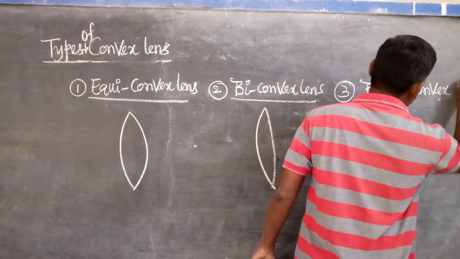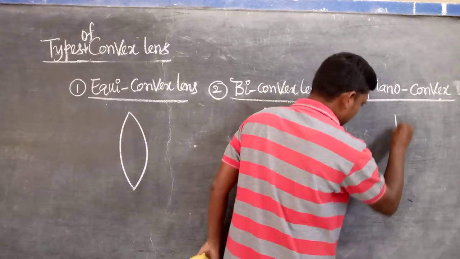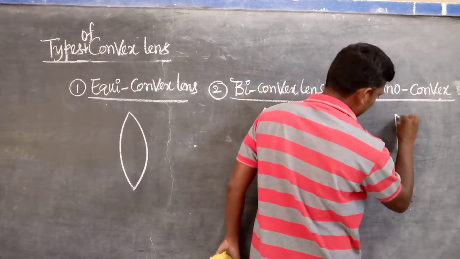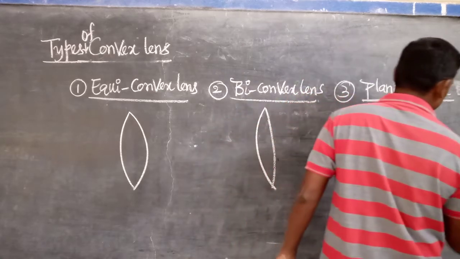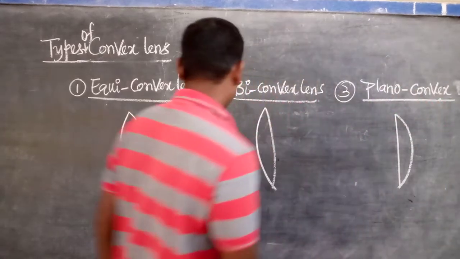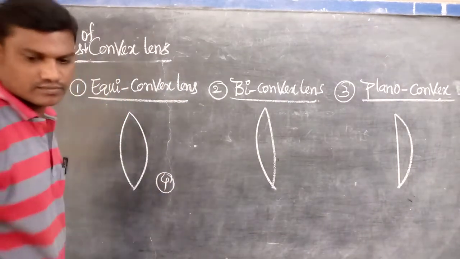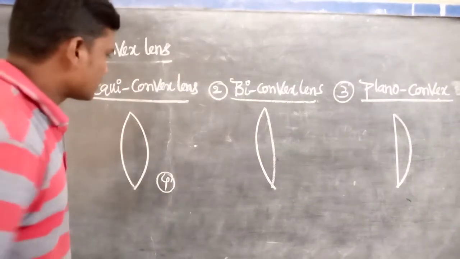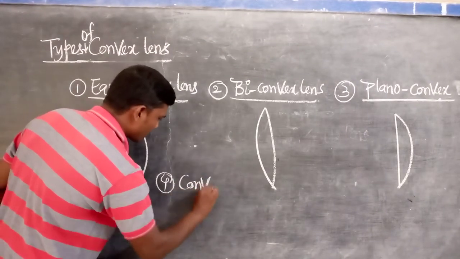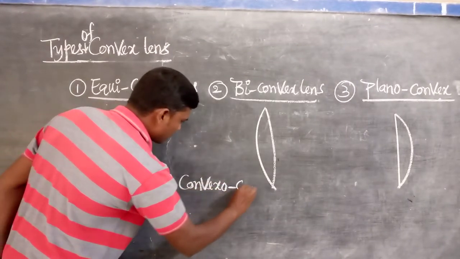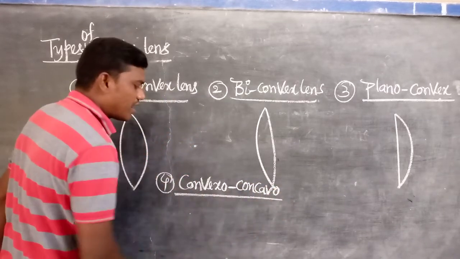Plano-convex. Next, fourth one. Convexo-concave. Convexo-concave lens.